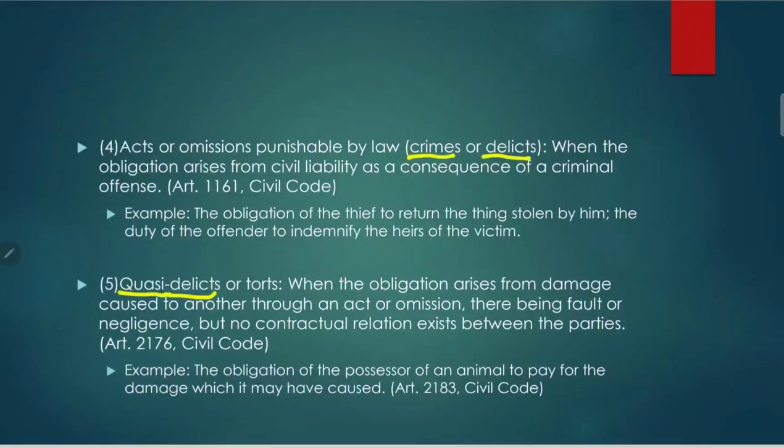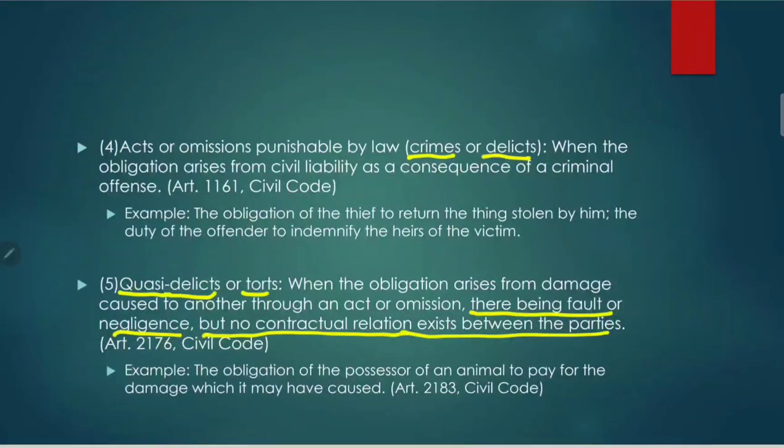Pero ang term niya talaga is quasi-delicts or torts. This happens when the obligation arises from damage caused to another through an act or omission, there being fault or negligence. So, ito naman yung distinguishing element niya. May fault or negligence, but no contractual relation exists between the parties.